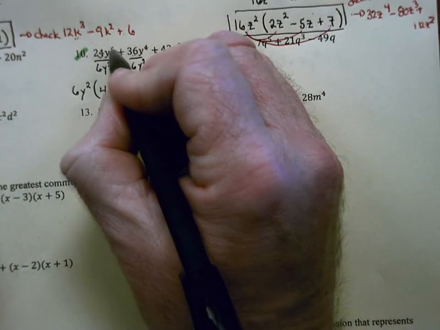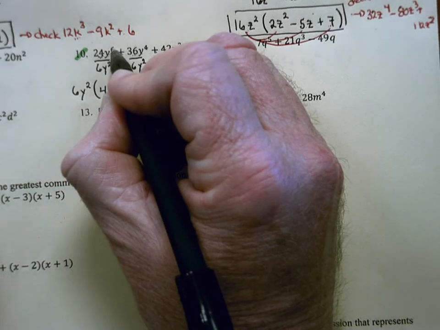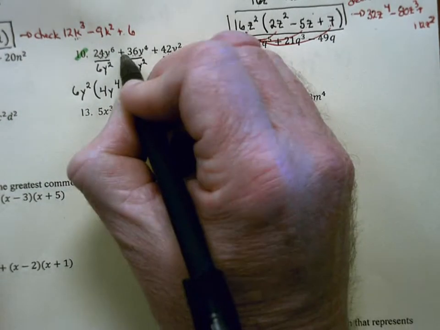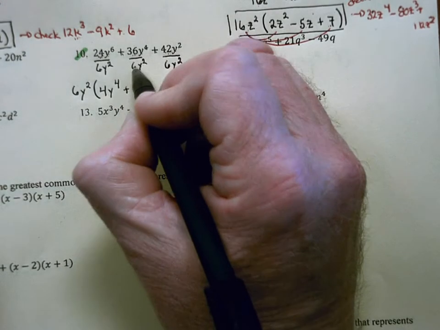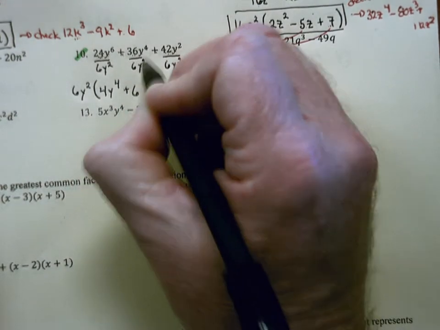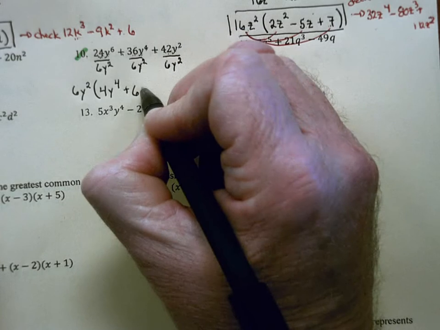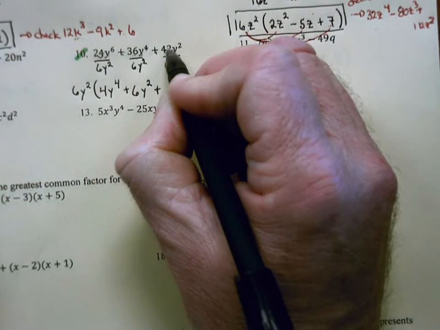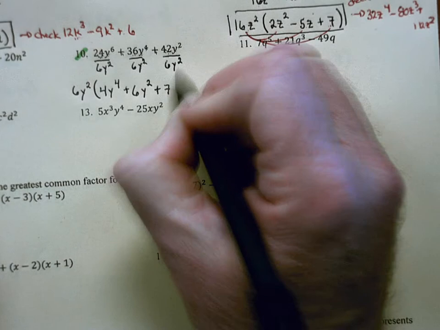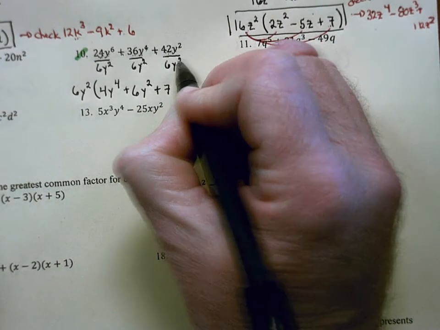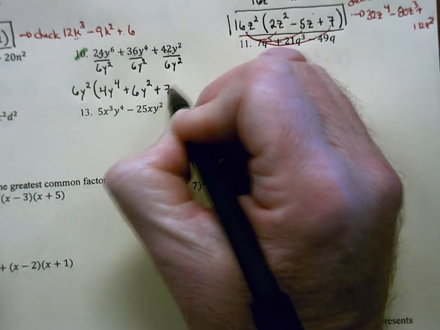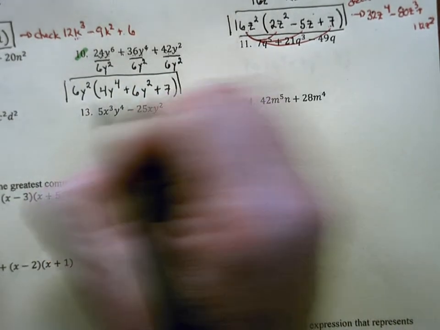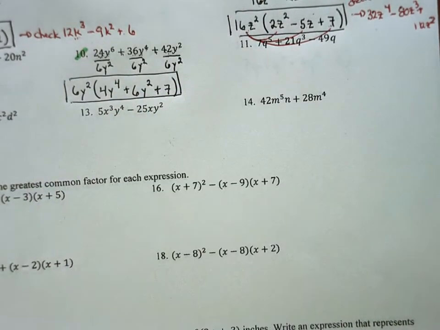Y to the 6 divided by y to the second, you subtract the exponents, so that would be 6 minus 2, 4y to the fourth. Plus 36 divided by 6 is 6. Y to the fourth divided by y to the second is y to the second. Plus 42 divided by 6 is 7. And y to the second divided by y to the second, you subtract, 2 minus 2 is 0, so the y's are eliminated. There's my factored form of my original trinomial that I started with.